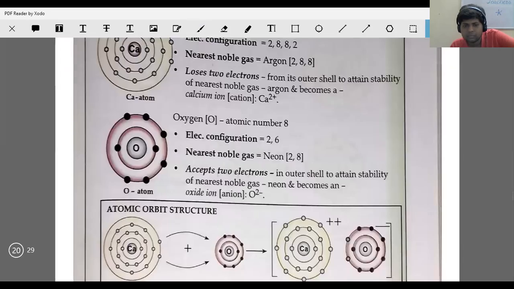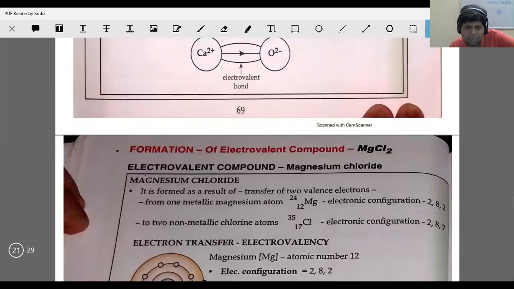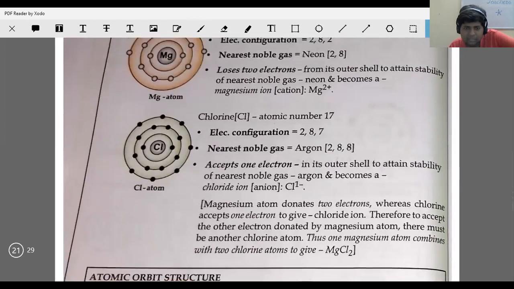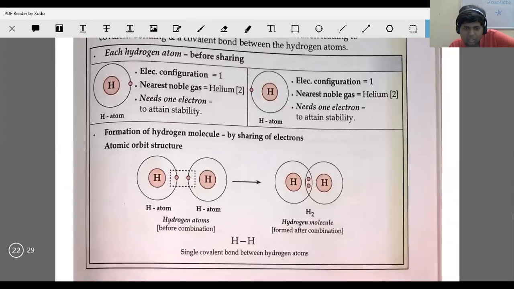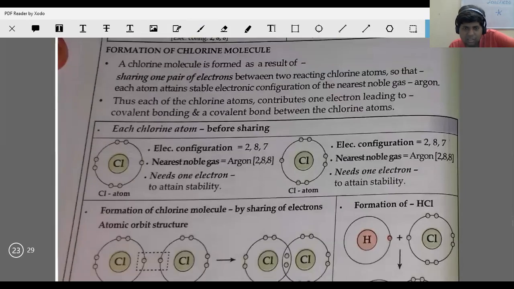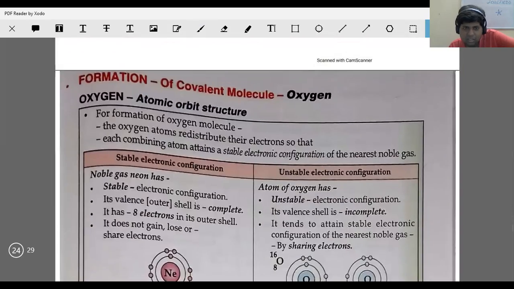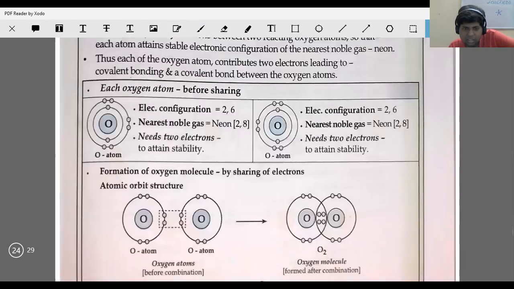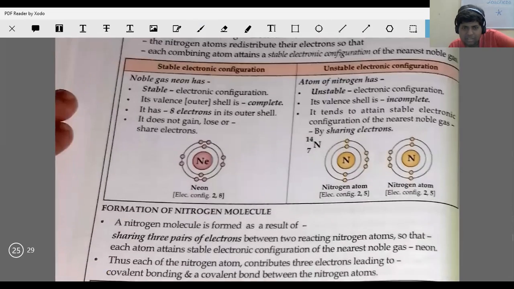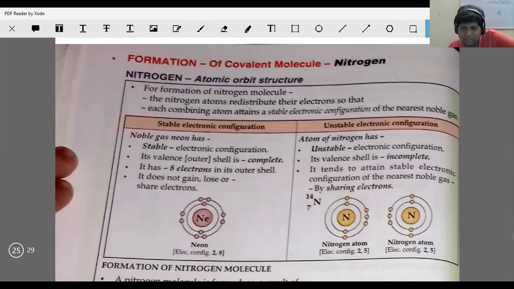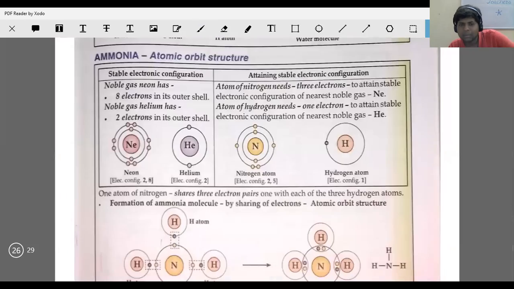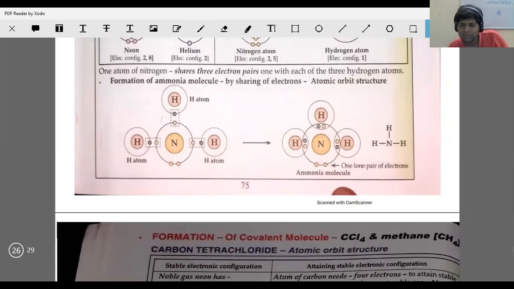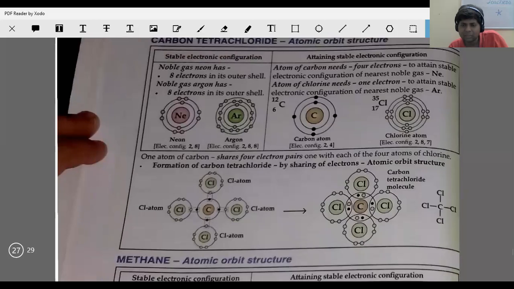Okay, chemical bonding means you don't have to read anything. Sir, you can check otherwise, because it only shows the images of those molecules and compounds. So there is nothing much to understand here. So you read it once on your own, okay? I think it will be clear to you.